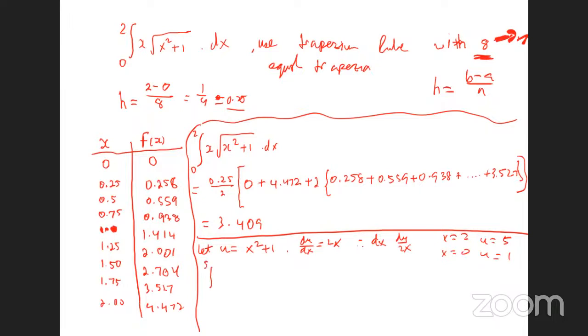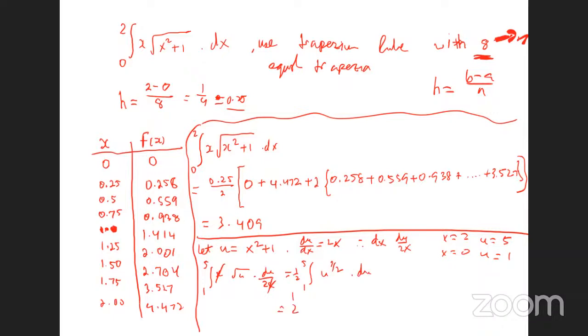The limits are 1 to 5 of x by the square root of u dot du on 2x. So the x will cancel, and you'll get the integral between 1 and 5 of a half by u to the half dot du.